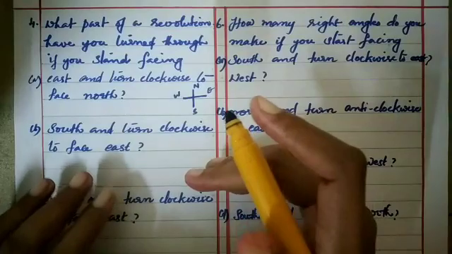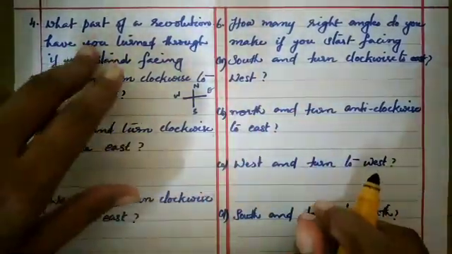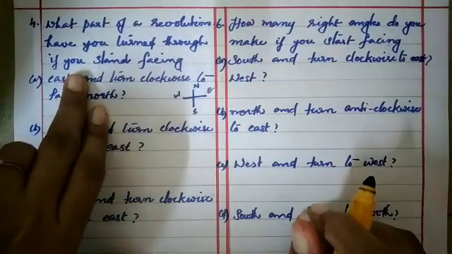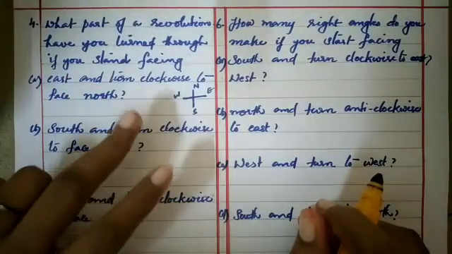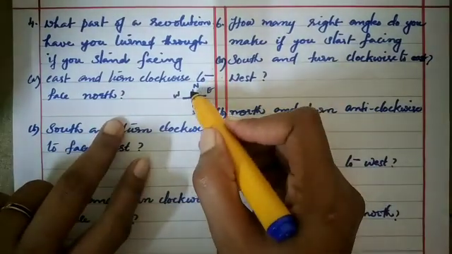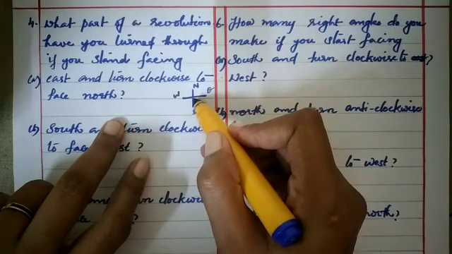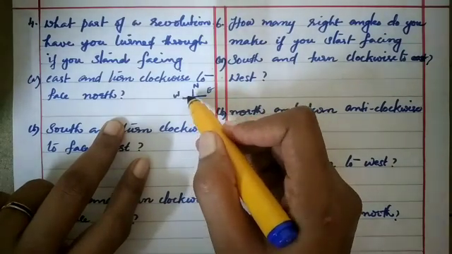Children, next is the fourth question. Third question, you do as homework. Fourth question, what part of a revolution have you turned through if you stand facing east and turn clockwise to face north? So here, north to east, then east to south, south to west, west to north is the clockwise direction.